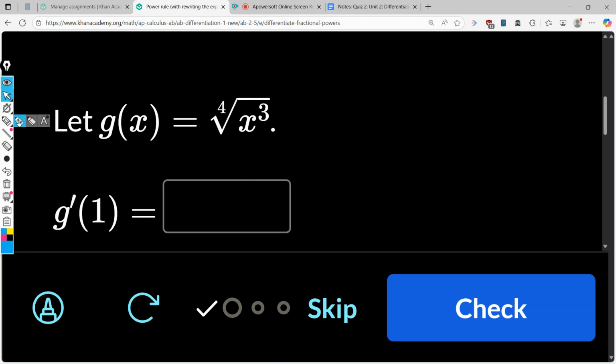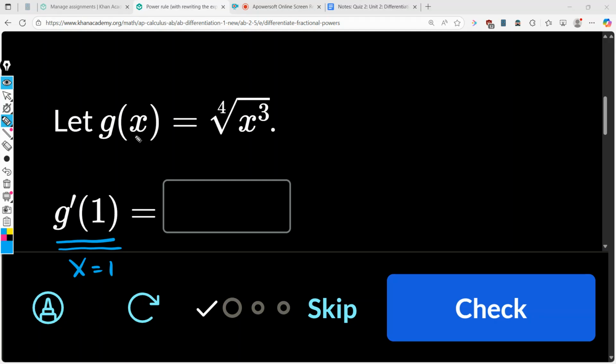All right, so here they want us to find g prime of 1. I'm pretty sure this is the same problem, except now we have to plug in x equals 1 once we get the derivative function, but we already did that. Oh no, this one's slightly different.